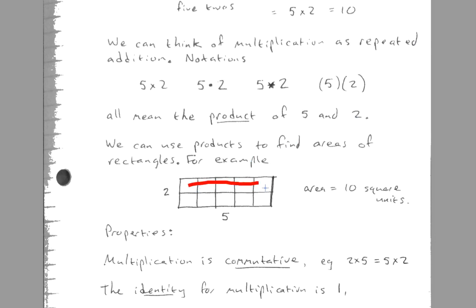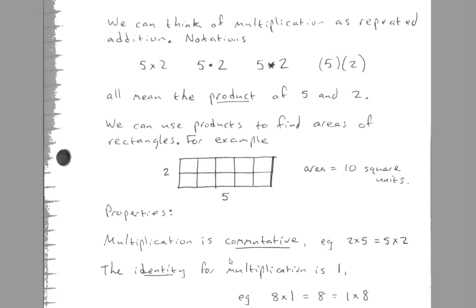So here's 5. Here's another 5. So 5 2s or 2 5s, you get the same number, it's the same area. So what I'm trying to say is multiplication is like addition, it's commutative.